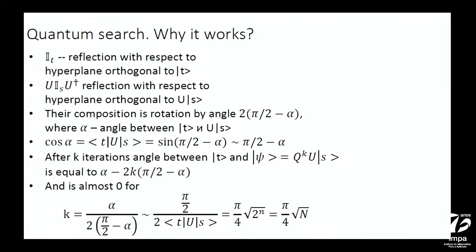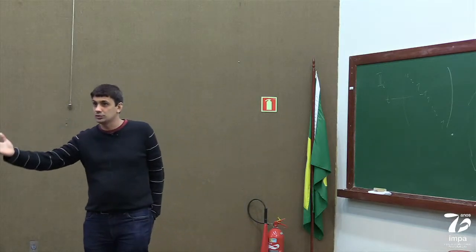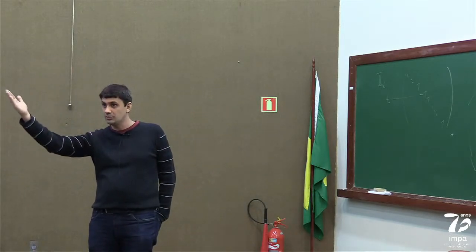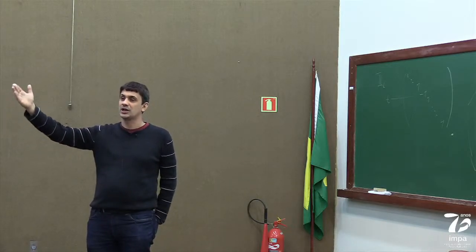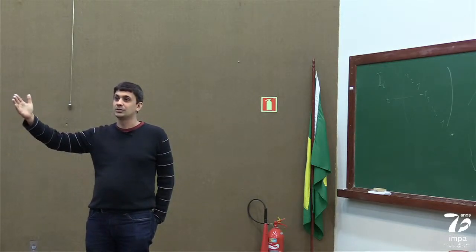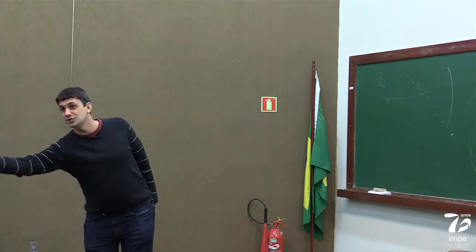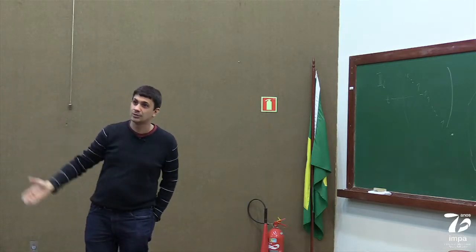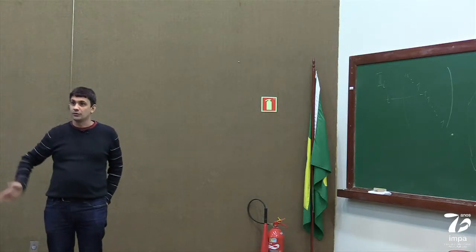So actually, it's more correct to consider this number, pi over 4 square root of 2 to the power n. Then we would be very close to t as a geometrical object, and when we measure, we would get t with high probability, because the projection would be on t, when we consider the proper self-adjoint operator for measurement.